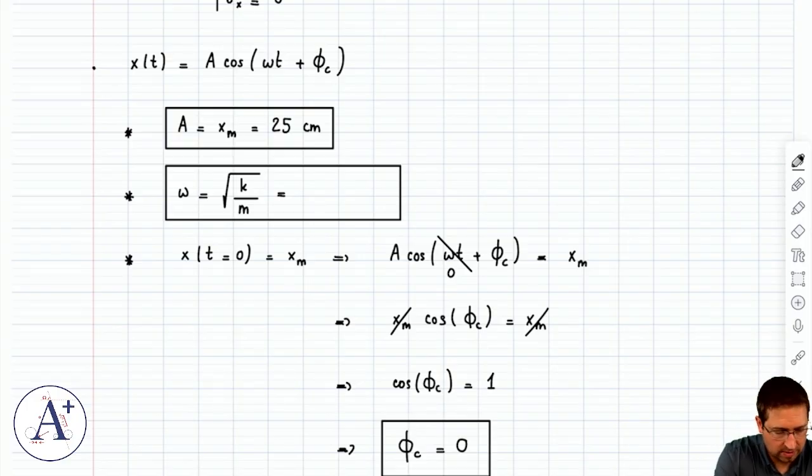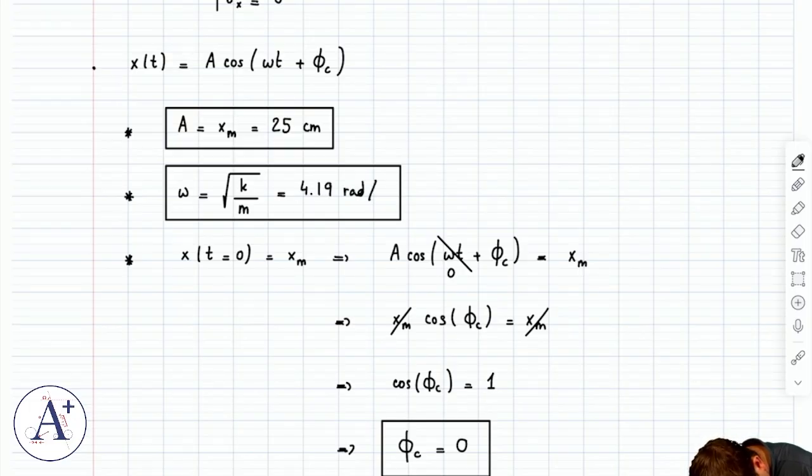It's the right thing to do. Omega is going to be equal to 4.19 radians per second. So I know everything about x that I would want to know.